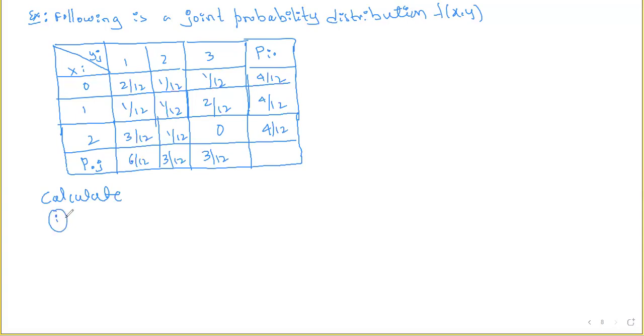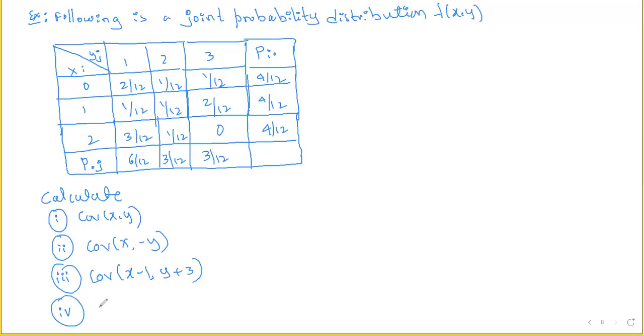First one, covariance between X and Y. Second one, covariance between X and minus Y. Third one, covariance between X minus 1 comma Y plus 3.